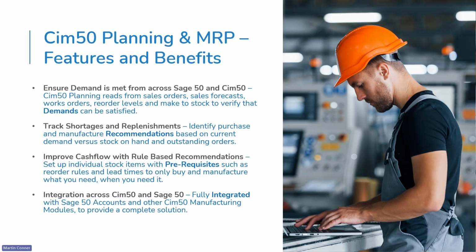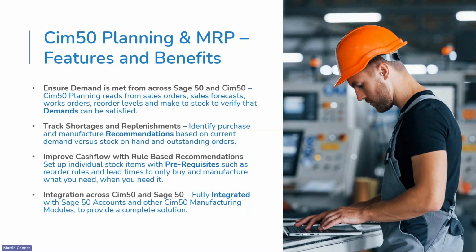So more on the planning module then, and what are the benefits and features of the Cim50 planning module. We follow basically what MRP is about. We ensure that demands are met from across Sage 50, so it is fully integrated with Sage 50 accounts sales orders.